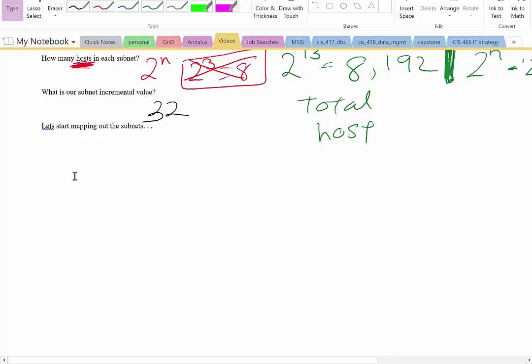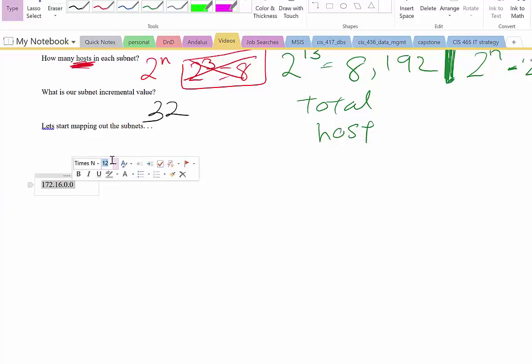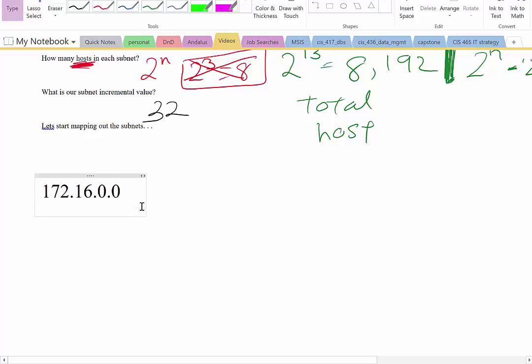So our very first subnet is 172.16.0.0. Let's make this big so that everyone can see it. Way too big. Let's go with 30. All right, 172.16.0.0. Now let's go ahead and add 32 to that number.